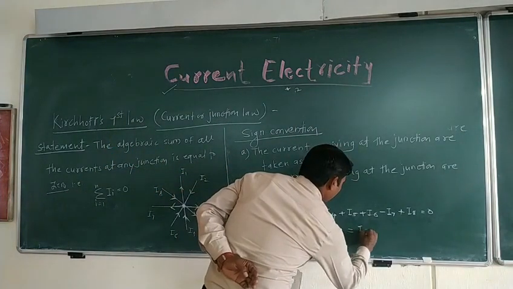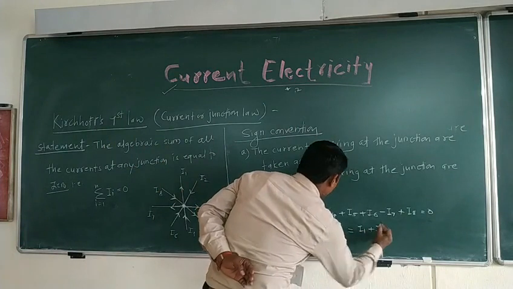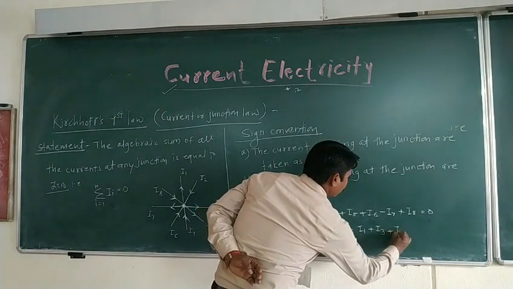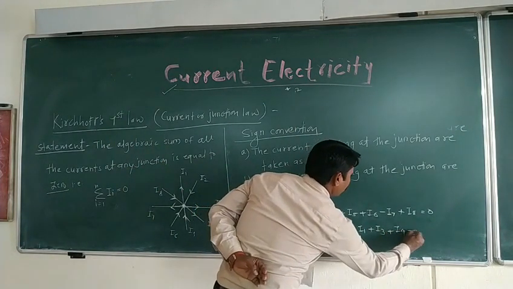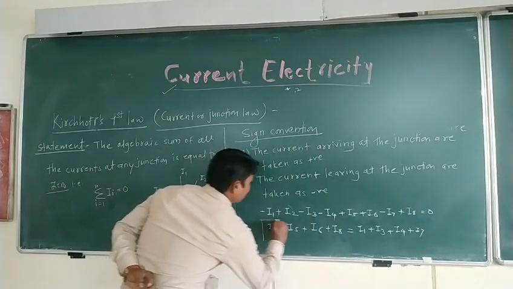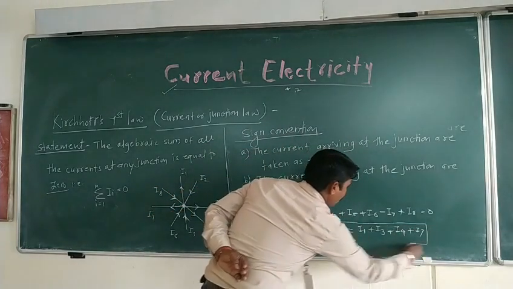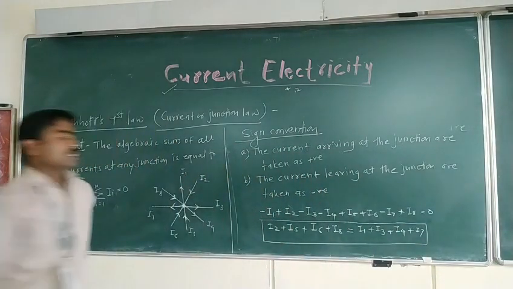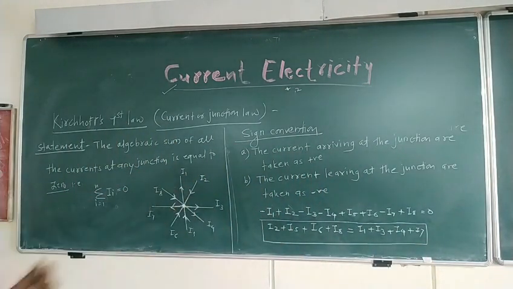Therefore I1 plus I3 plus I4 plus I7. This is Kirchhoff's first law. This is the statement, or this is the equation for Kirchhoff's first law or junction law or current law, right? This is the simple equation in Marathi.